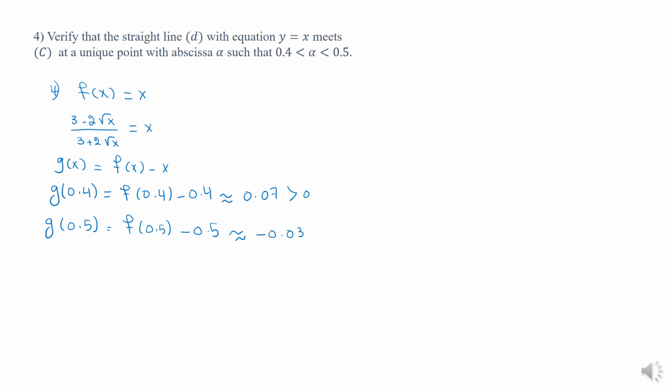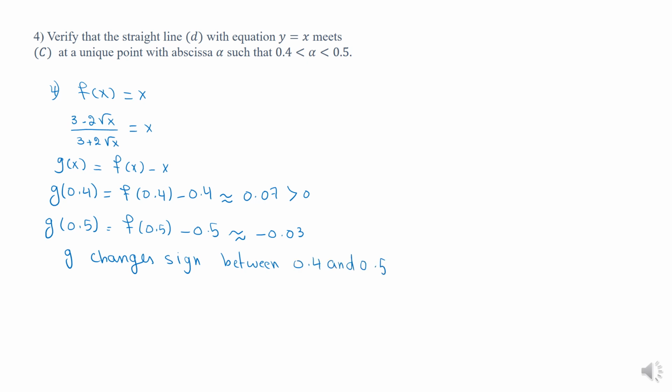Now since the function changes sign between 0.4 and 0.5, g changes sign. So f of x minus x changes sign between 0.4 and 0.5.